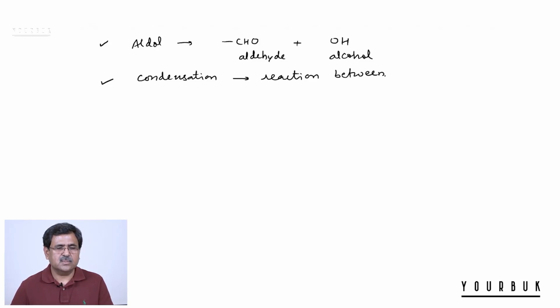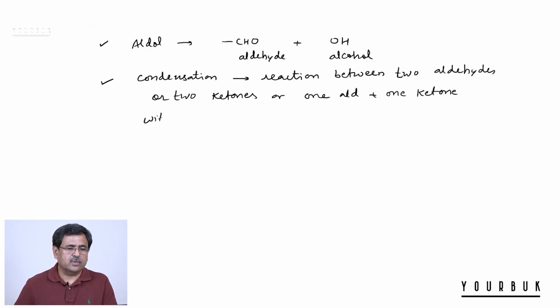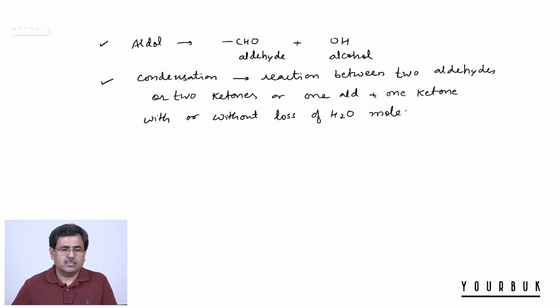So condensation means it's a reaction between two aldehydes, or two ketones, or one aldehyde and one ketone, with or without loss of water molecule. But one of the compounds must contain an alpha hydrogen.